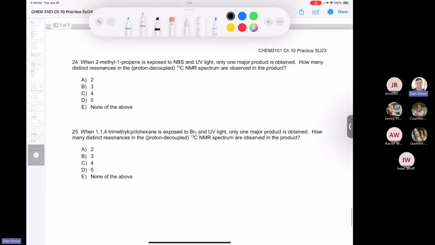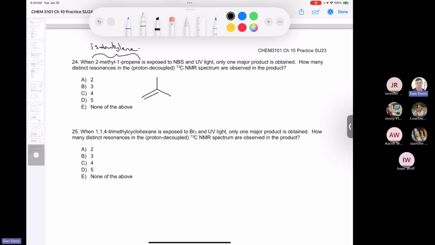We're practically finished here. Number 24, when 2-methyl-1-propene is exposed to NBS and UV light, only one major product is obtained. How many different resonances in the proton decoupled carbon-13 spectrum are observed in the product? So if we have 2-methyl-1-propene, another name for this compound is isobutylene.